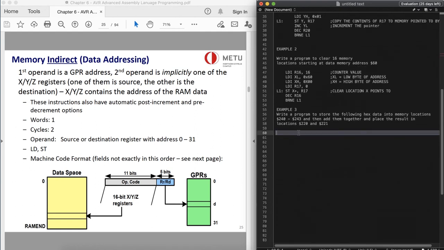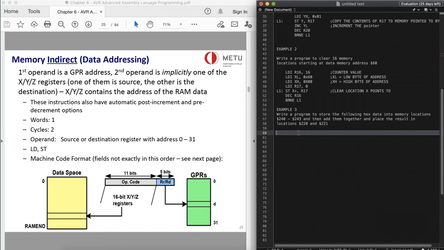Now, the first thing that we understand from it, there's hex data in these locations, between 240 and 243. And then we have to add them together and we have to place the result.